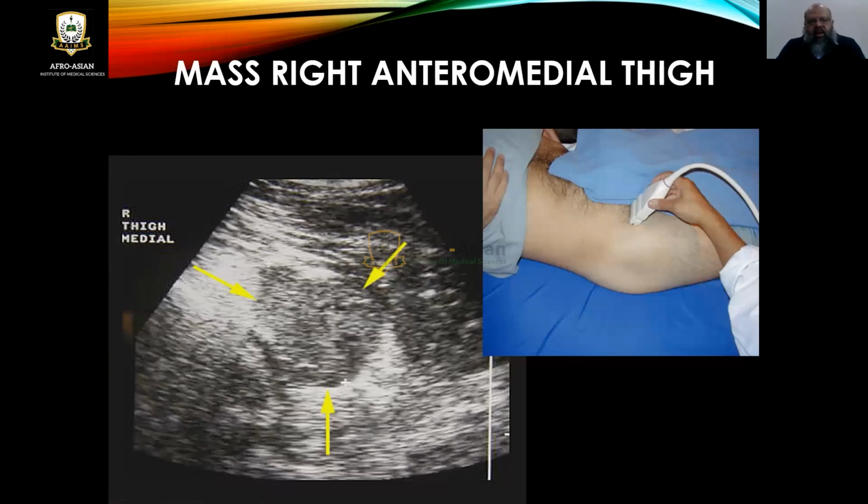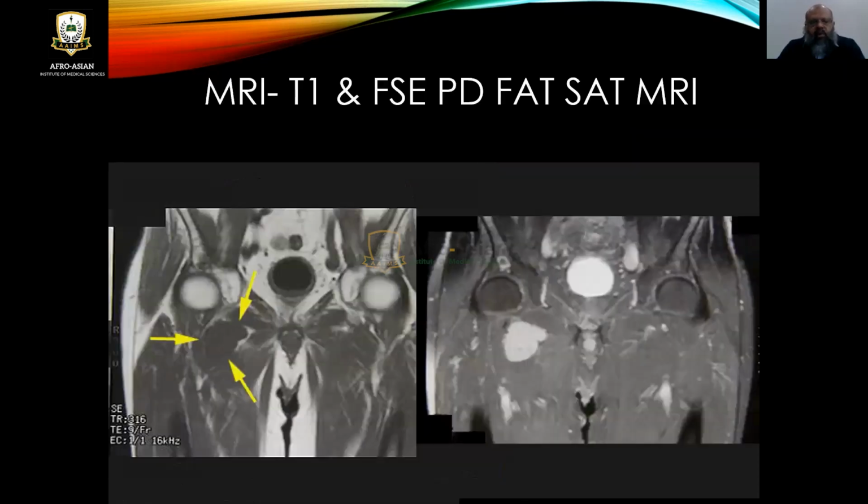For a mass in the right anteromedial aspect, we will move the transducer a bit medially, and here is the well circumscribed mass which was just below the hip joint at the anteromedial side of the thigh. We can correlate it.